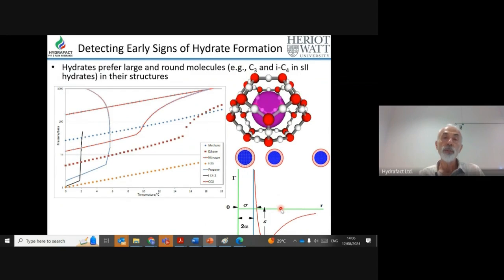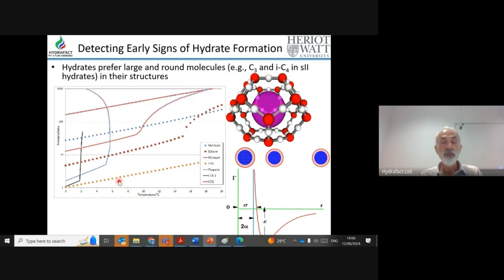Now, I want to talk about detecting early sign of hydrate formation. So we were trying to avoid hydrate formation, but for whatever reason, we can be wrong, okay? So we want to see if we can develop a technique to detect early sign of hydrate formation.